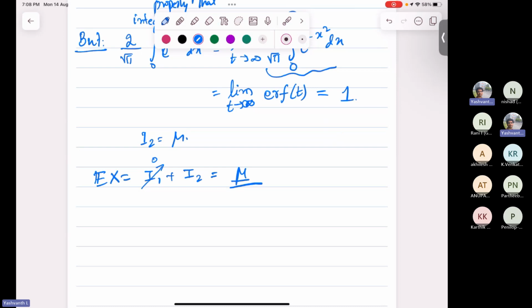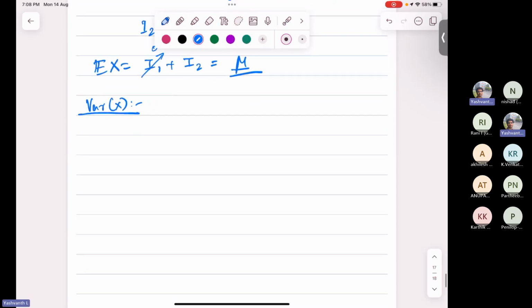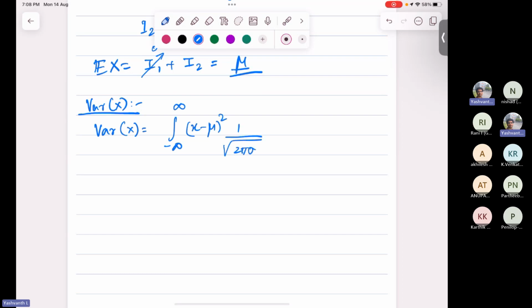Now, similarly, we'll compute the variance. The variance of x is defined as the integral from minus infinity to plus infinity of (x minus mu) the whole square, over root 2 pi sigma square, e power minus (x minus mu) the whole square by 2 sigma square, dx.